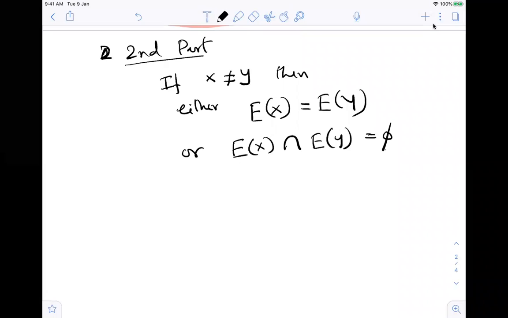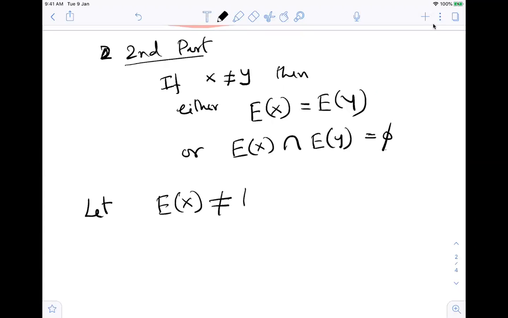So if you have to prove that either this or this, one way of proving it is: let E of X not equal E of Y. So this statement says that if this is the case, then either this happens or this happens. If this happens, I have nothing to prove.